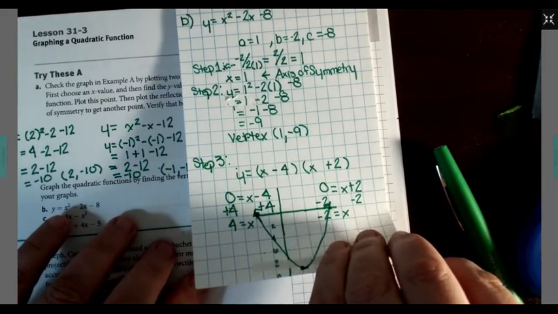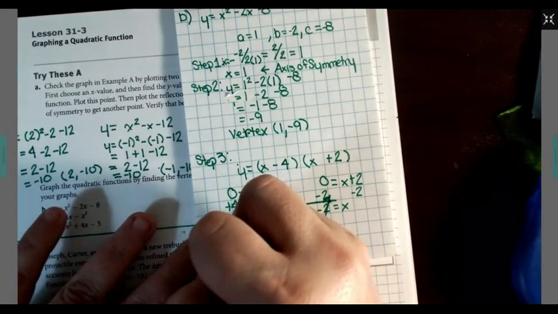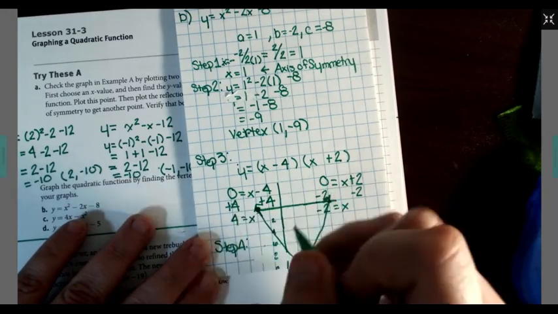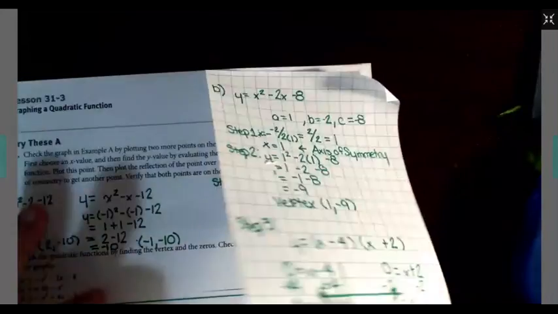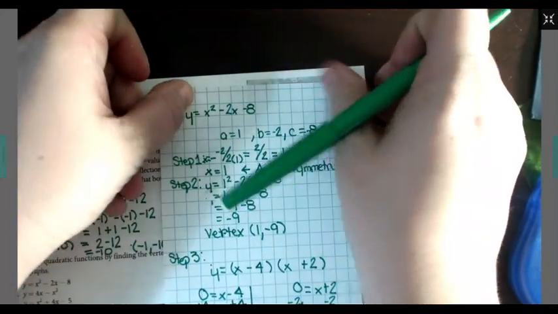This is the picture of B. Okay, I'm going to kind of tape this off to the side here. We're going to look at C.